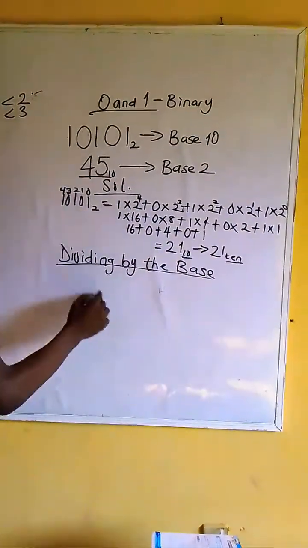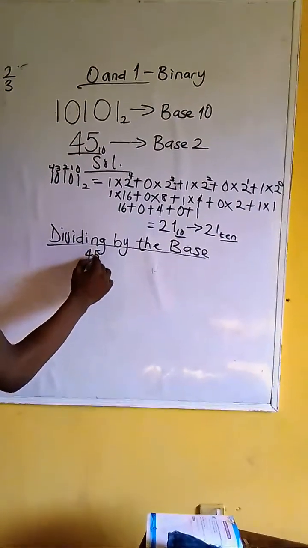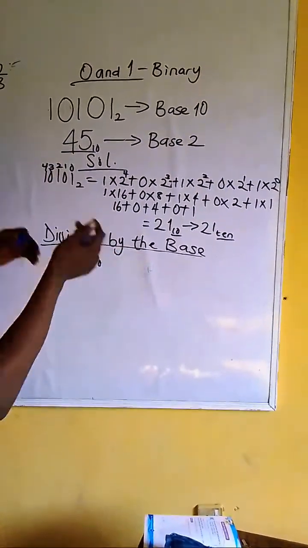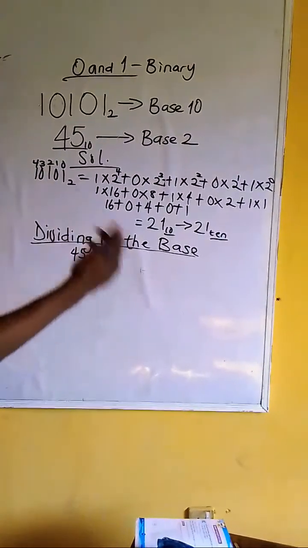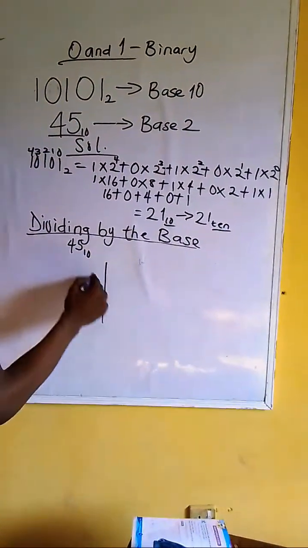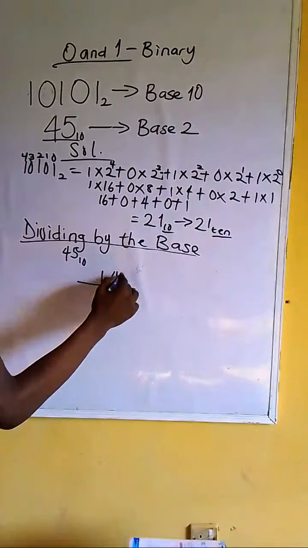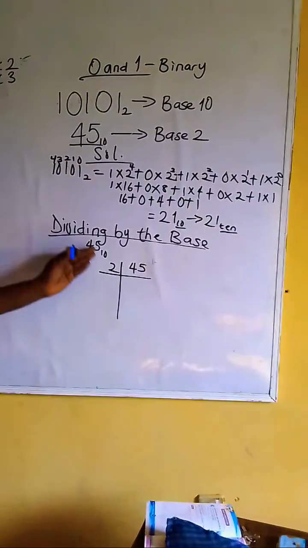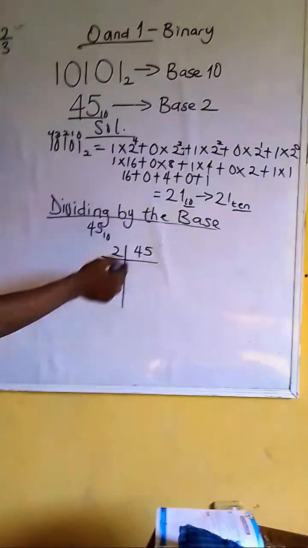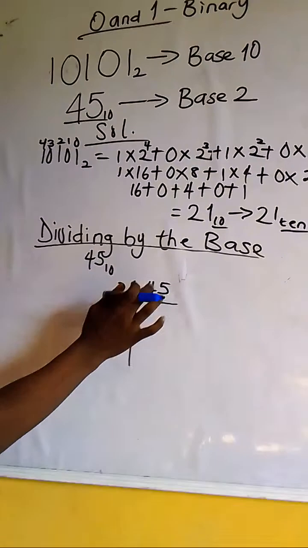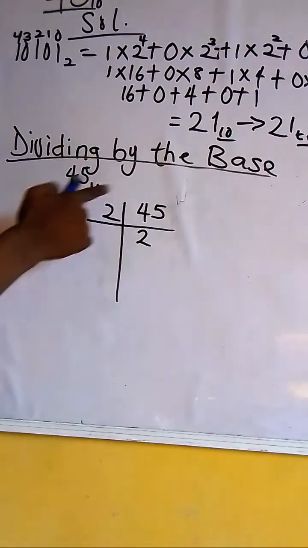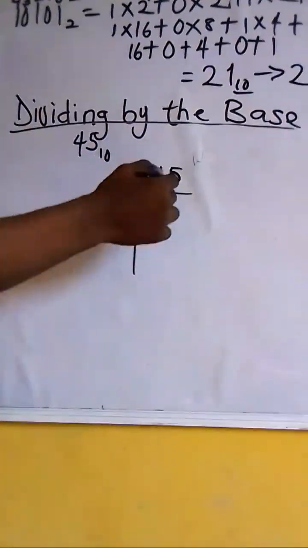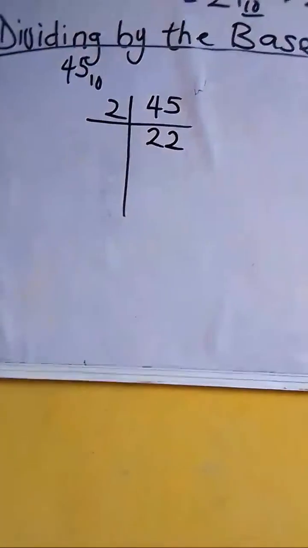So we take this question: 45 in base 10 to base 2. How do we convert it? Like I said, you divide by the base, meaning divide by 2, just like when you want to do LCM. 2 in 4 gives us 2, and 2 in 5 gives us 2, but it remains 1.